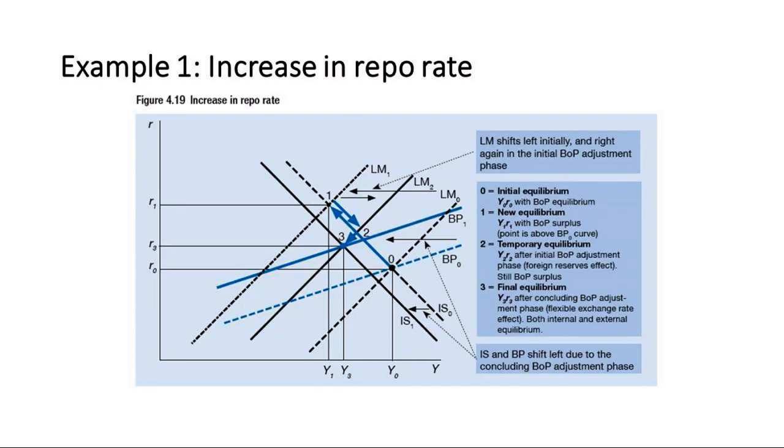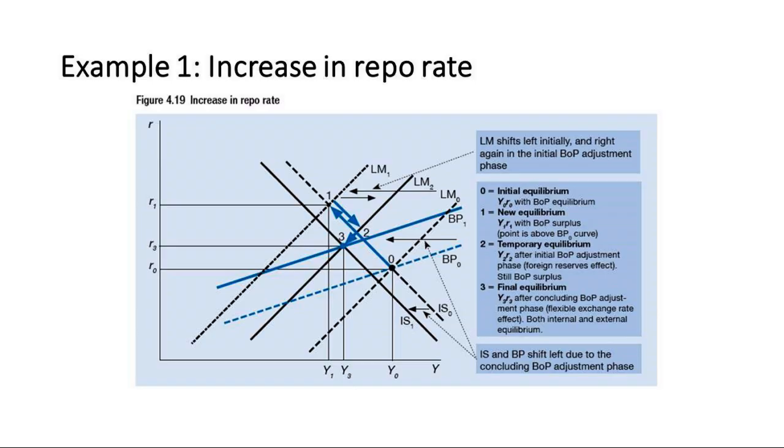Now, the same graph is also in the book without the animations, and you can see this adjustment process from the equilibrium 0, the initial change, to equilibrium 1, where you find the new equilibrium but with the balance of payments in surplus. Then the temporary equilibrium in between, where you have the money supply effect pushing the LM curve back towards the right again and reducing that surplus on the balance of payments already.